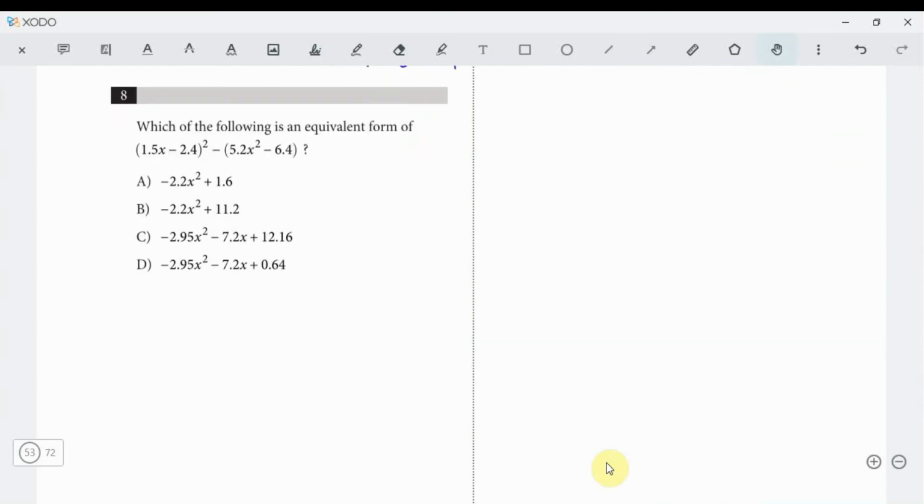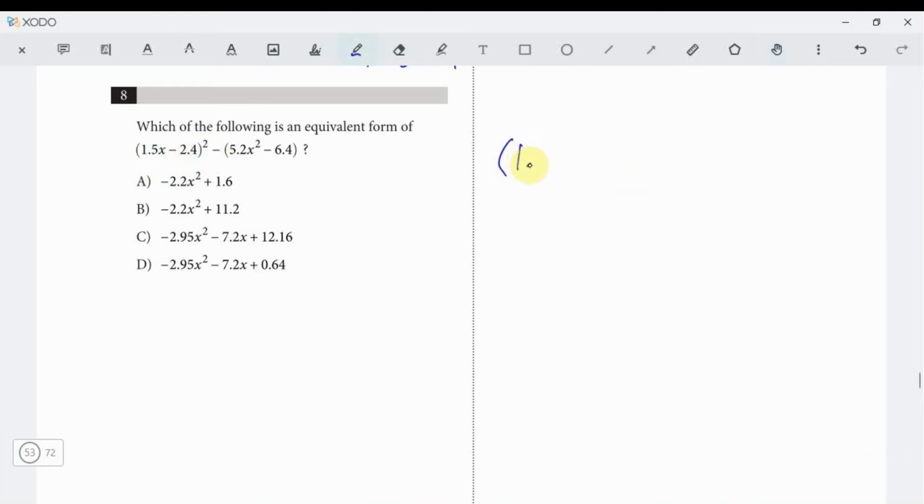All right, question 8. Question 8 says, which of the following is equivalent of the form, all of this right here, (1.5x minus 2.4) squared minus (5.2x squared minus 6.4). So first thing we need to do is expand this side. Always remember that when you're squaring something, you're multiplying it by itself.